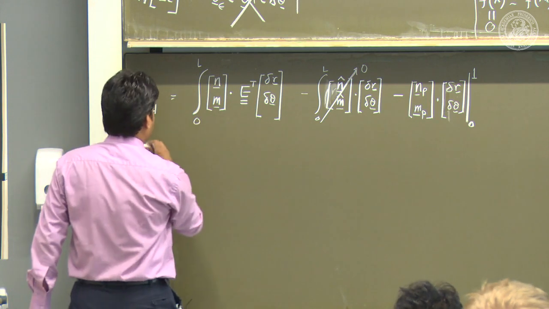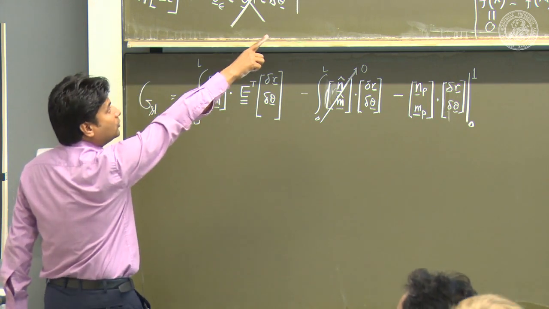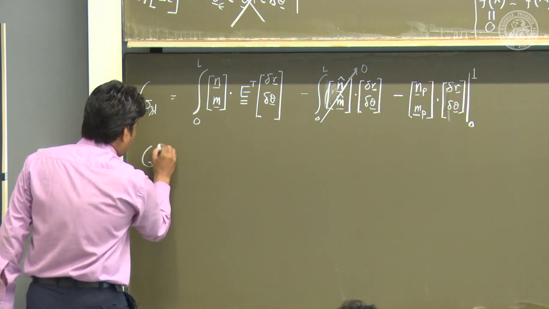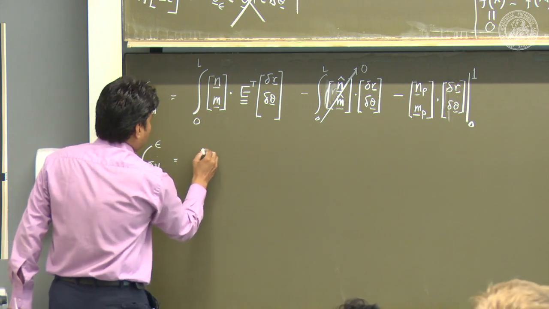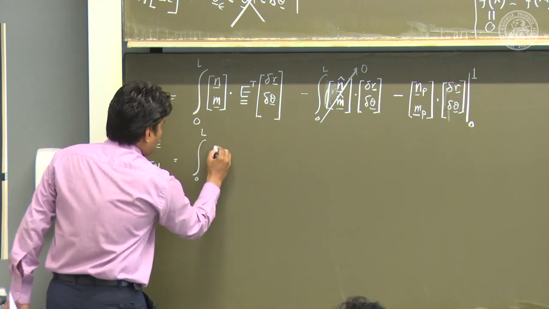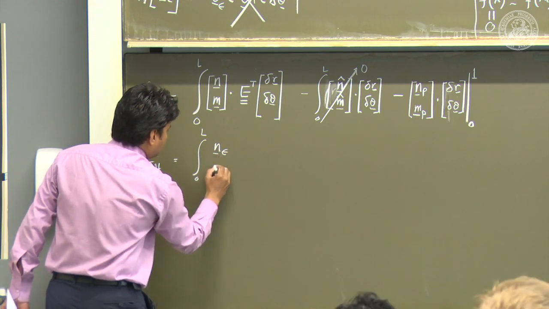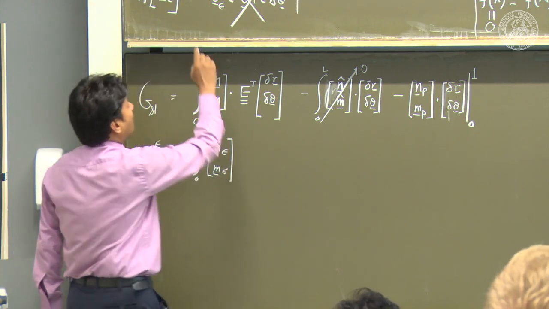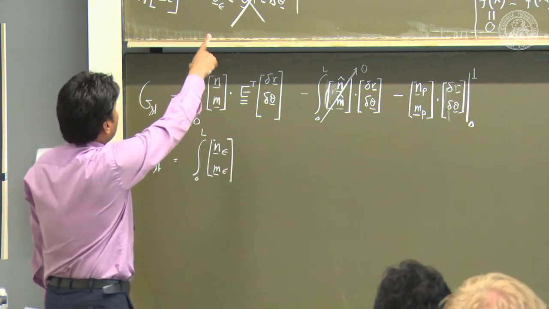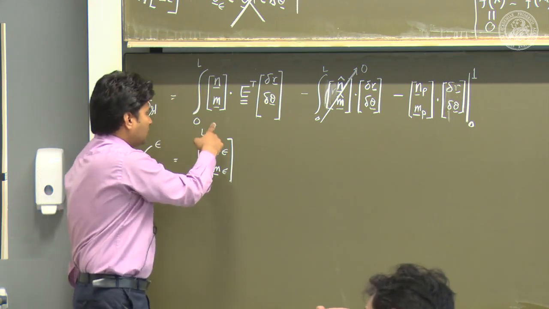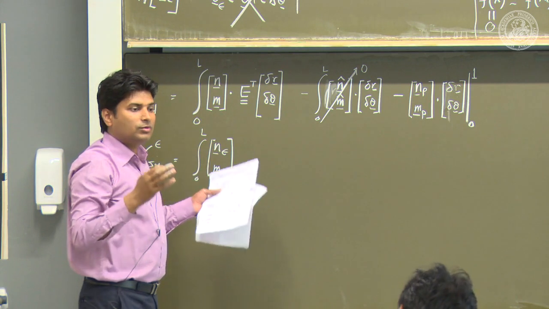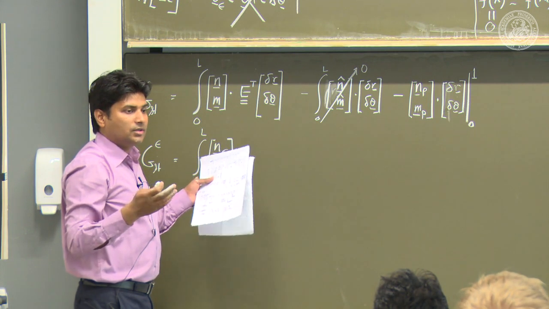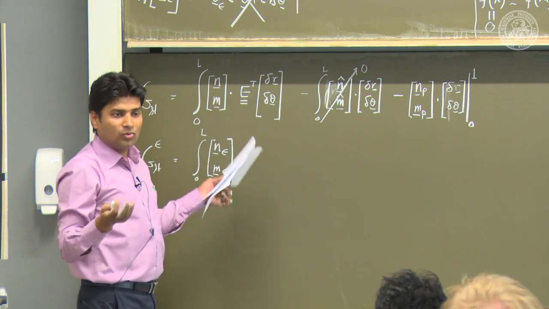So how do we linearize this? We first have to work out that epsilon business. We get G static epsilon, which is equal to the integral from 0 to L of n epsilon, m epsilon. As you change your configuration, little r changes to little r plus epsilon delta r, and theta changes to theta plus epsilon, and the forces and moments will also change with epsilon, isn't it? As you change your configuration, the strains change, and therefore forces and moments also change.